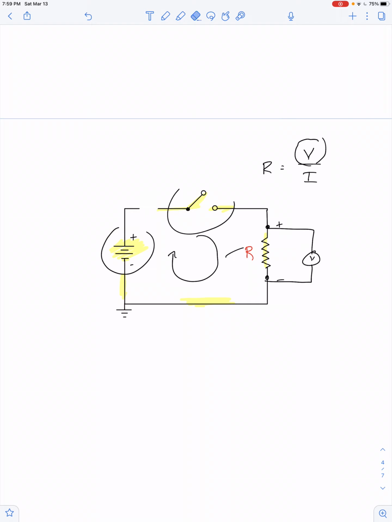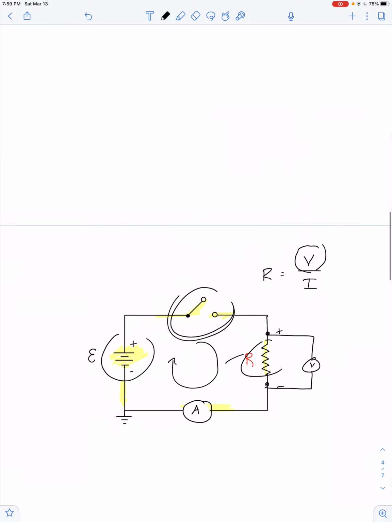I could break the circuit open here and then complete the circuit with an ammeter. It would be just as well to break the circuit open here, as long as the ammeter is somewhere on that series loop combined with the battery here. We'll use the symbol for EMF and think of this battery as ideal. Yeah, so if the ammeter is on the same series loop as the battery, the switch, and the resistor, then we have the current that's flowing through the resistor.